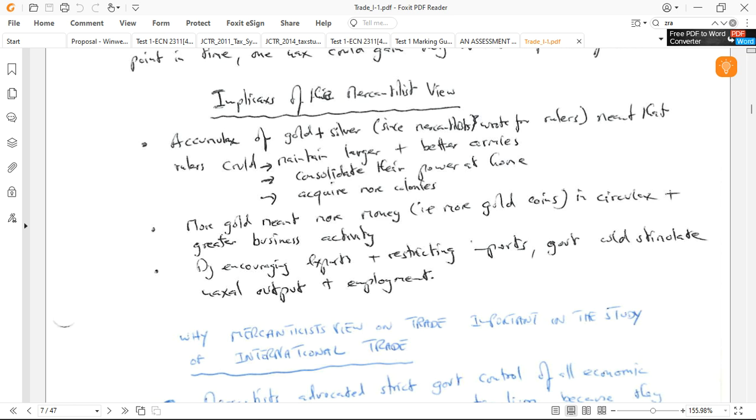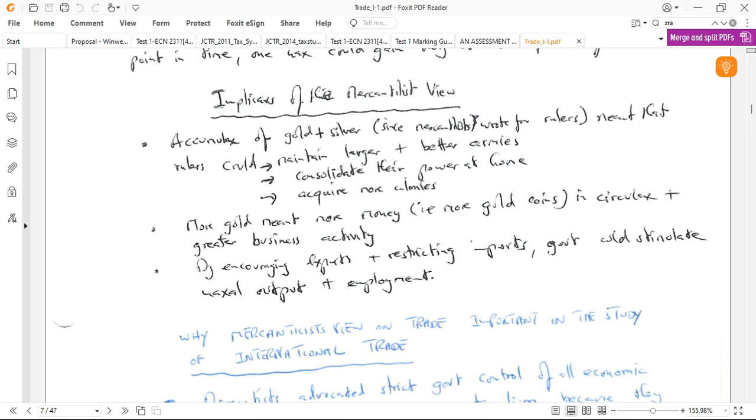So by encouraging exports and restricting imports, what are we trying to do? We are trying to stimulate our output, and for output to increase, we must employ more people, right? So at the end of the day, our employment rate is going to increase and reduce the unemployment rate.